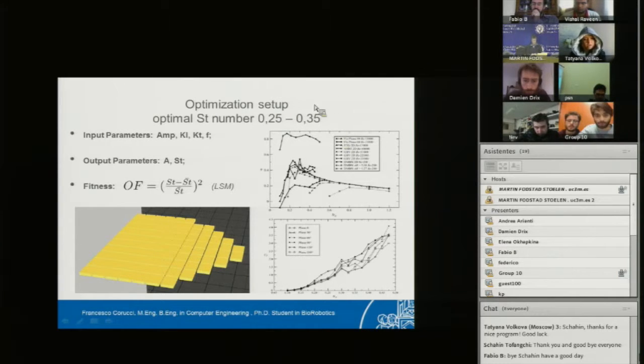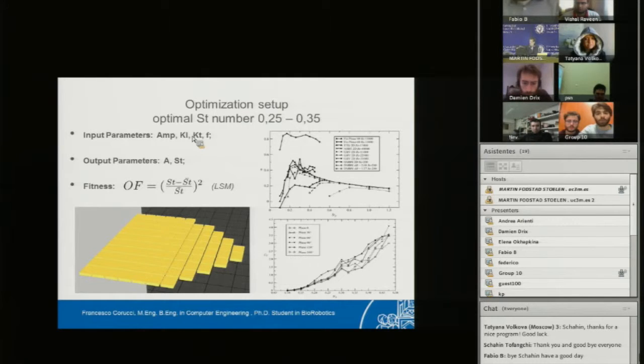So we said, okay, we can change some parameters like the amplitude of actuation, the morphology that for us is represented by the springs between the elements, and the frequency of actuation.